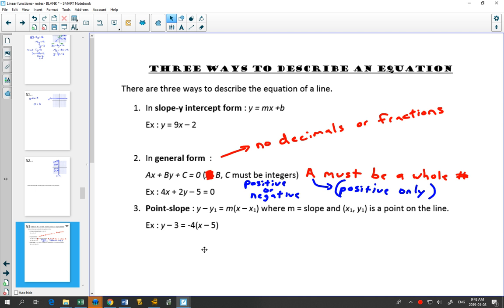And the third form of an equation of a line is called point-slope form. The point-slope form is when you know the slope and one point, and then you put that into the equation.